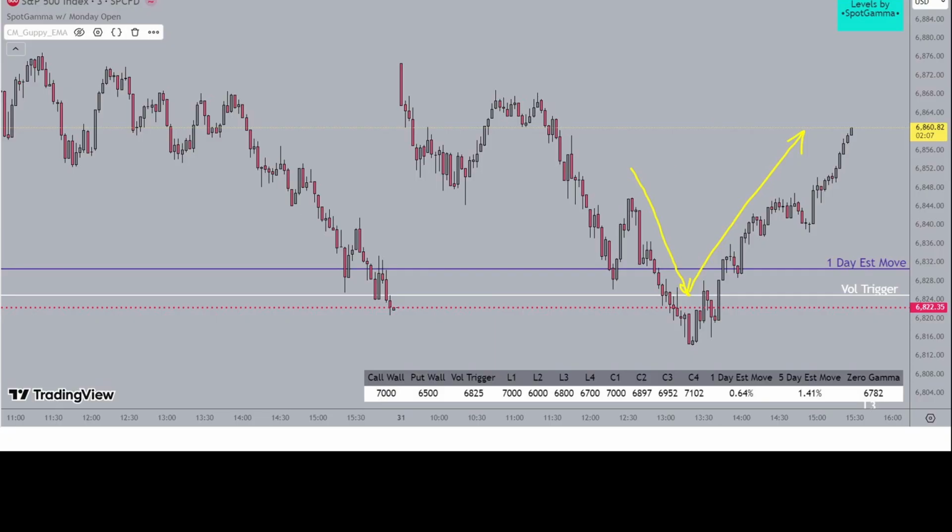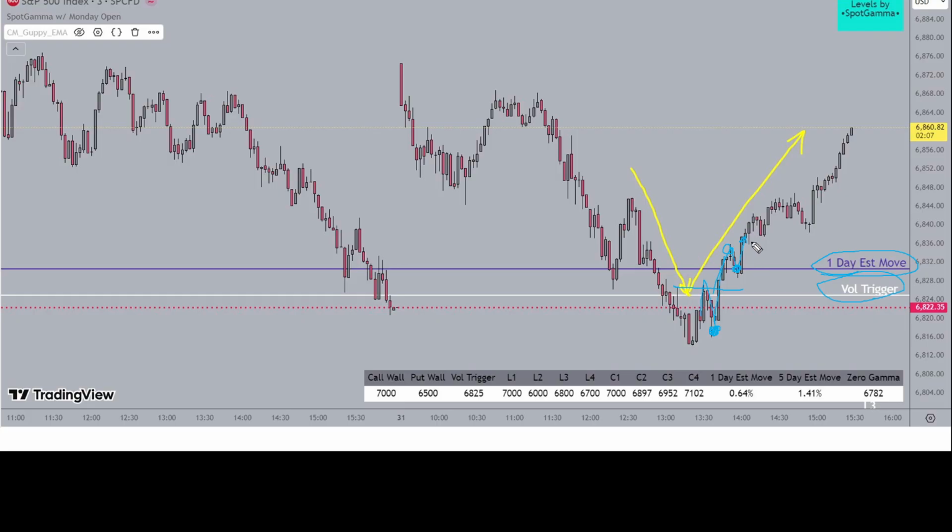See here how price goes down, touches the volatility trigger, tries to make a lower low, but couldn't. It made a higher high, broke this level, broke this higher low, made a lower high or a higher low, broke the volatility trigger, made a higher high, retested the 1-day expected move, and after this, broke with a big candle.